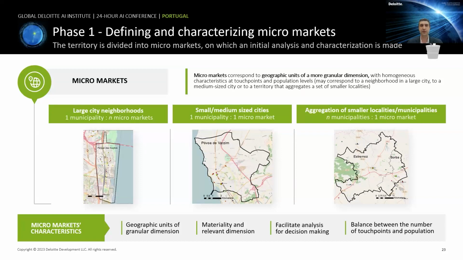Those decisions cannot be made at a 3 meters or 10 feet area logic. So we have to create markets that are relatable to those making decisions. So that's why for different areas, we create different sizes of micro markets.